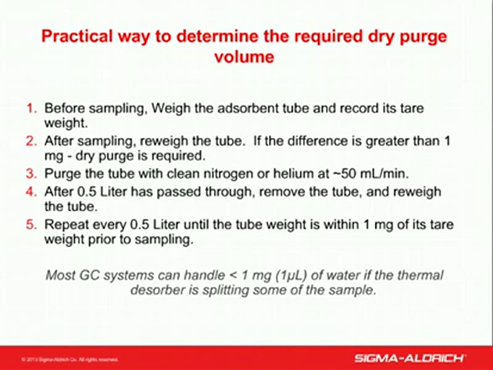We would repeat this every half liter until the tube weight is within 1 milligram of its tare weight prior to sampling. Most GC systems can handle 1 milligram or 1 microliter of water if the thermal desorber is splitting some of the sample. So once you've gone through these steps, the dry purge volume could then be automated in your thermal desorber once you know the volume you need to dry the tubes.